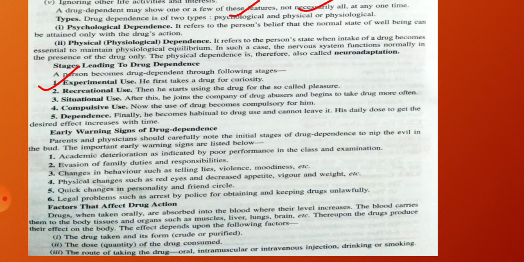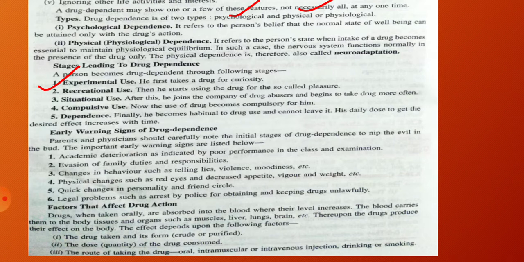These are early warning signs of drug dependence, because he definitely tells lies, since he is avoiding all those things and keeps himself separate, always wanting to separate from everyone else. Then violence, moodiness, these are some signs.